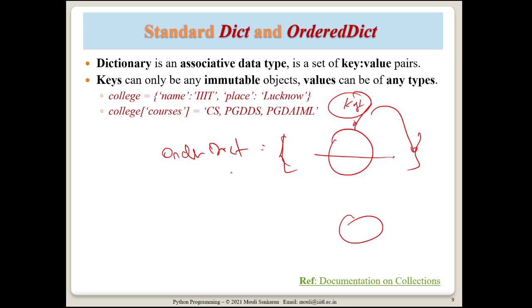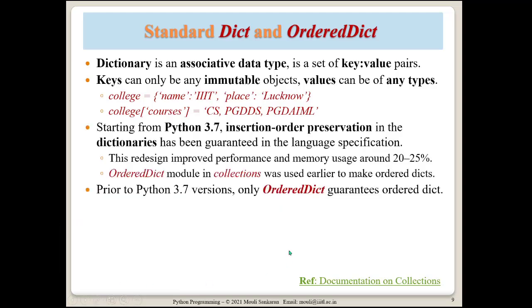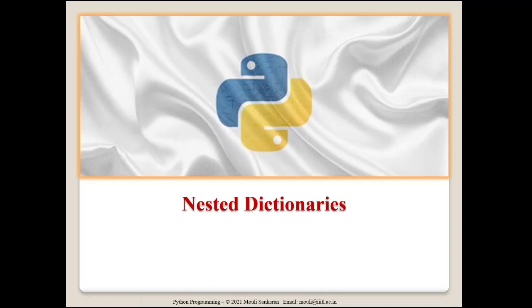The move_to_end function will take care of taking that key, which is present in the dictionary, and moving it to the end. That is also supported in the ordered dictionary APIs. We will see that.